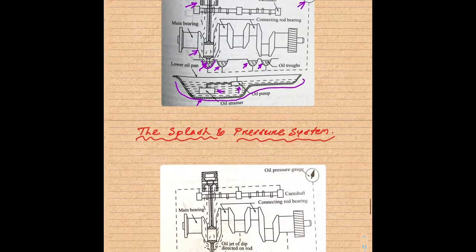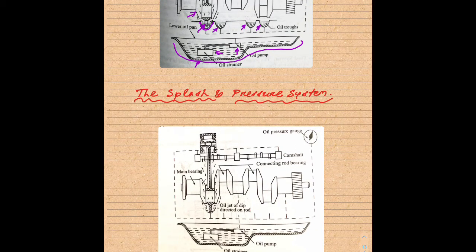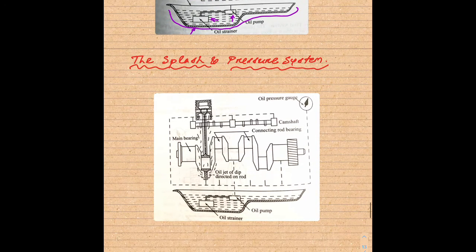Next is the splash and pressure system. That means the splash and pressure feed systems both work simultaneously. The diagram for this is shown here. Same type of diagram you can see.